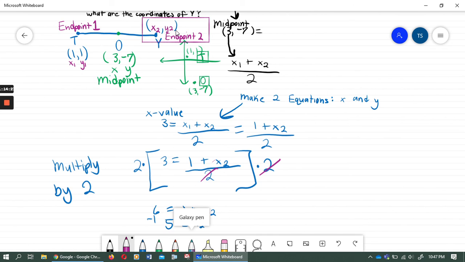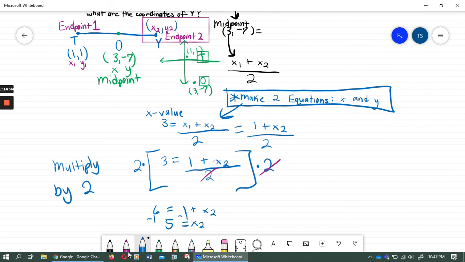Right now we've got the x2, and that was one of our equations that we needed to make. So we just made one equation where we found the x value. All right. And the other equation that we need to do, guys, is with the y values.